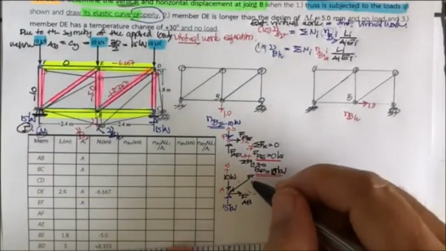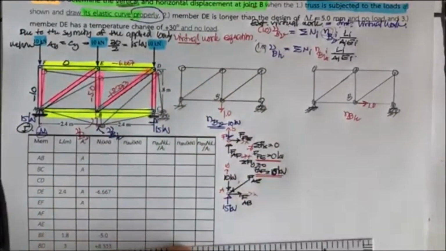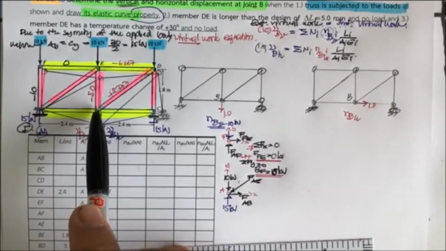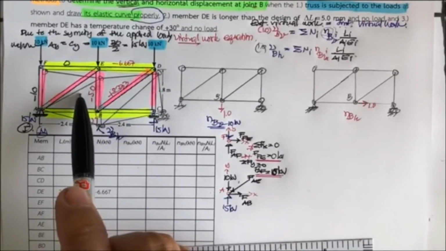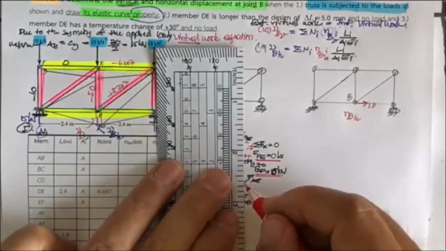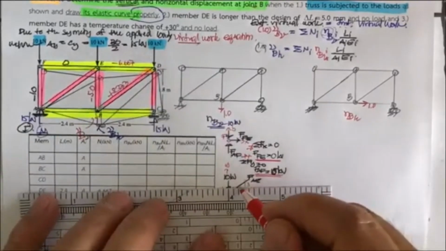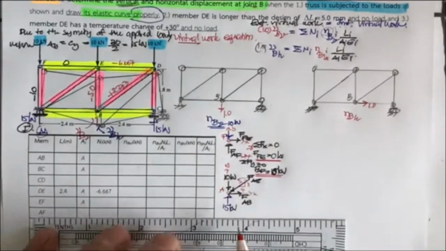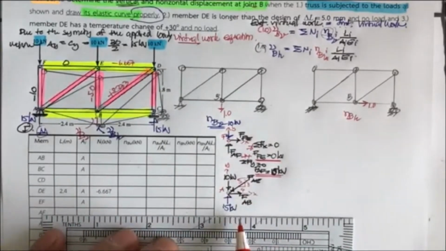F sub AE has the ratio of 2.4 and 1.8. If you divide by 0.6, this is going to be 3 and this is going to be 4. So you have the ratio of 3, 4, and 5.